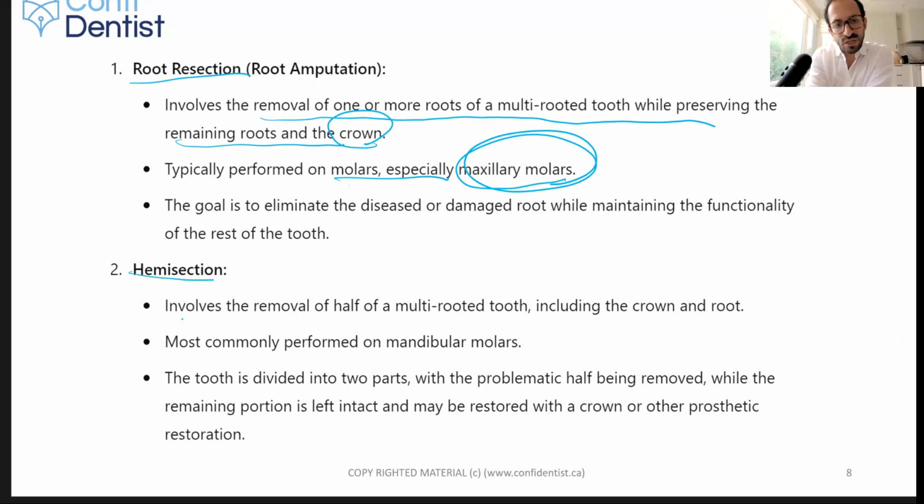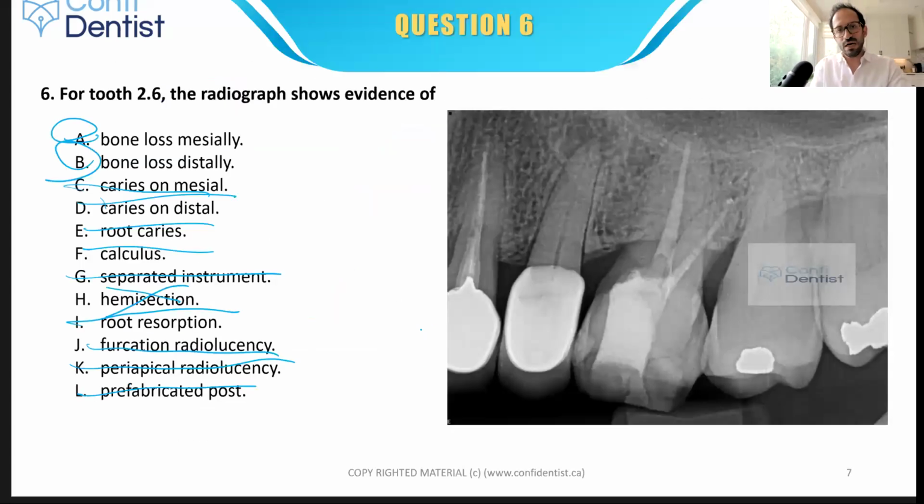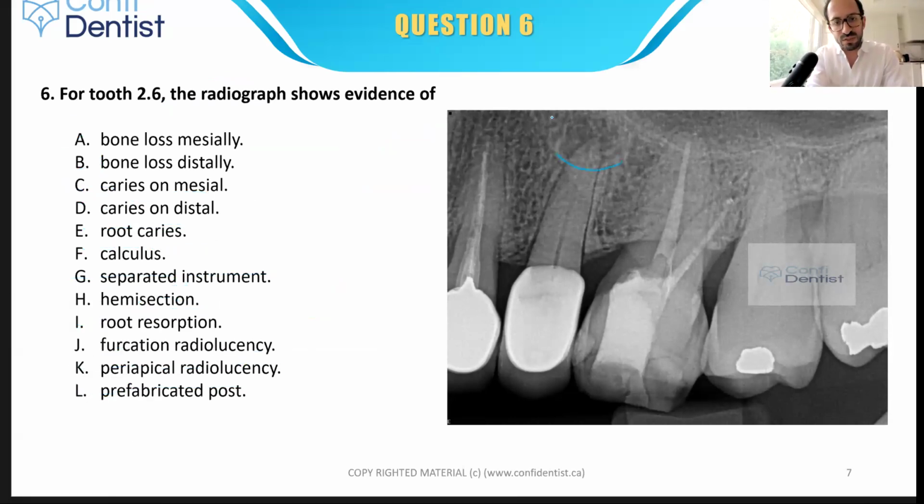While hemisection involves the removal of half of a multi-rooted tooth, including crown and root. Most commonly on lower molars. We rarely do it on upper molars, okay? And for the lower molars, if we cut it in half and keep both halves, then we call it bicuspidization. One more thing that you guys should pay attention to is this.